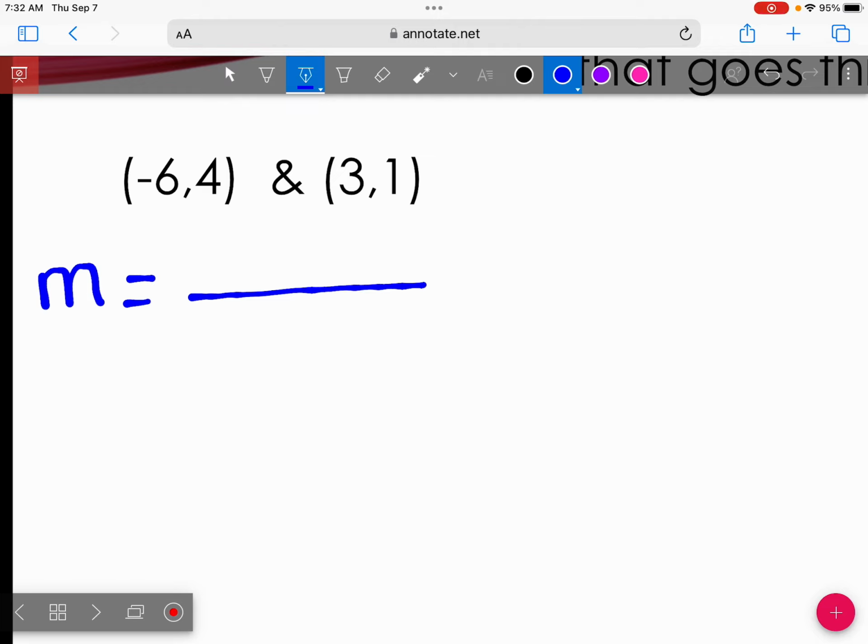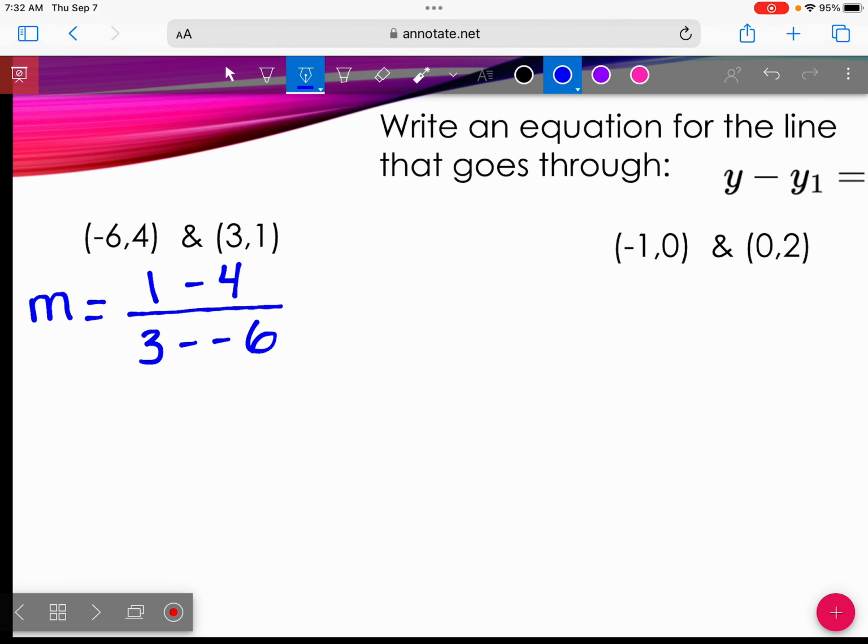So what are we going to put on top? 1 minus 4. And then what goes on the bottom? 3 minus -6. Minus -6 becomes what? +6. So watch out for those double negatives.